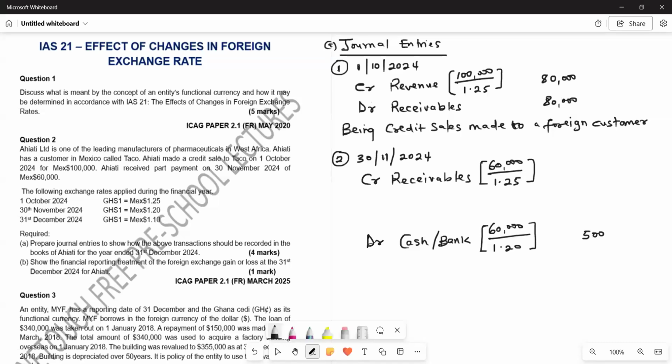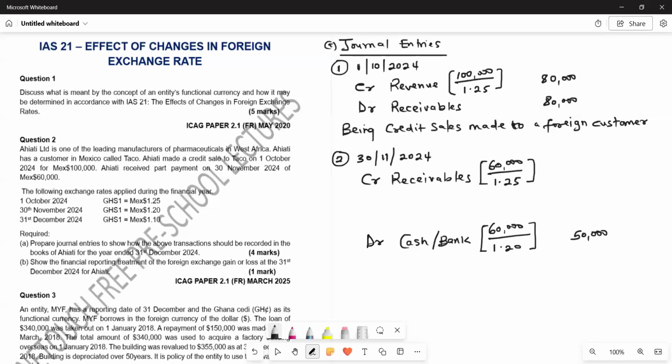And the receivables is how much? 48,000.